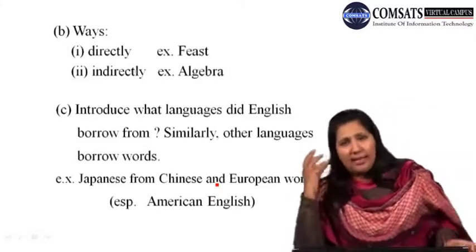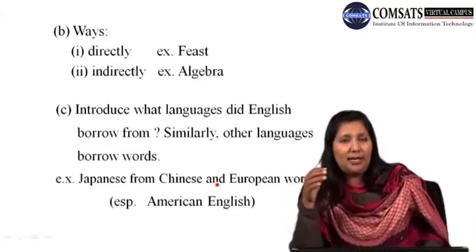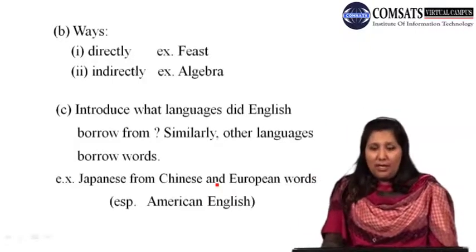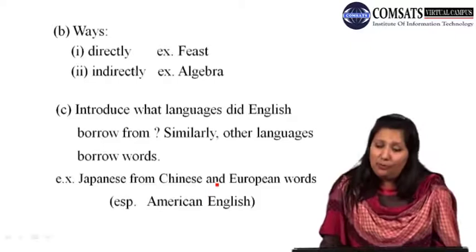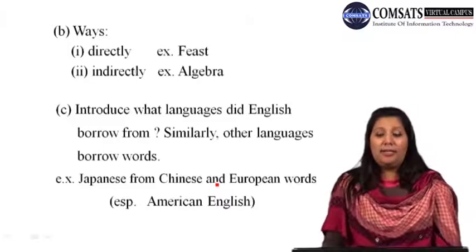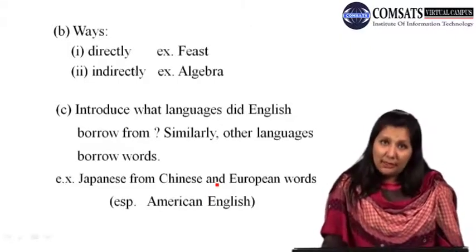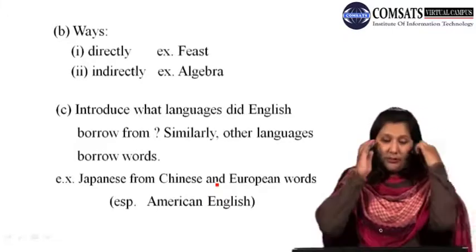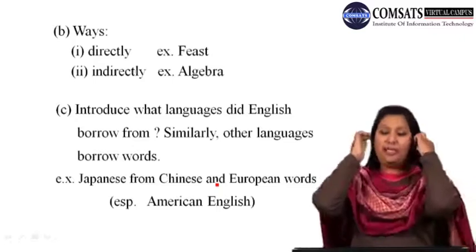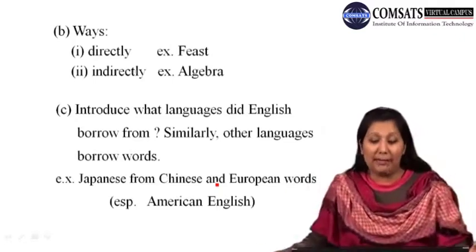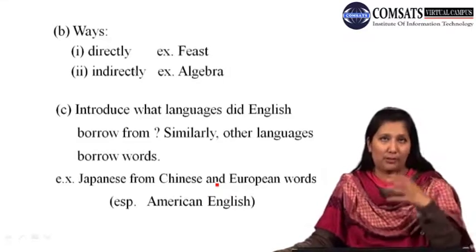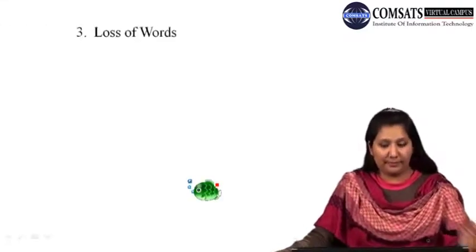As we have already talked earlier, English has borrowed from so many languages, from different sources, and same is the case with the other languages. They have also been borrowing words from different languages. For example, Japanese from Chinese and European words, especially American English. Yes, they have been borrowing words from different languages.